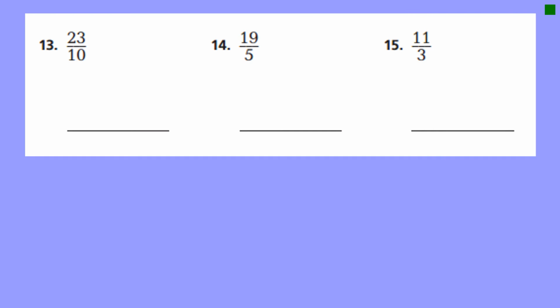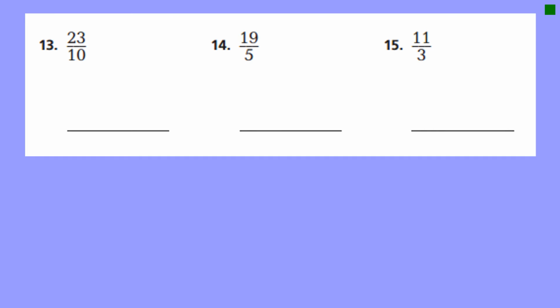So look at this. The directions for 13, 14, and 15 say, write the fraction as a mixed number. So these are fractions that they want us to write as a whole number and a fraction, which is a mixed number. Okay?